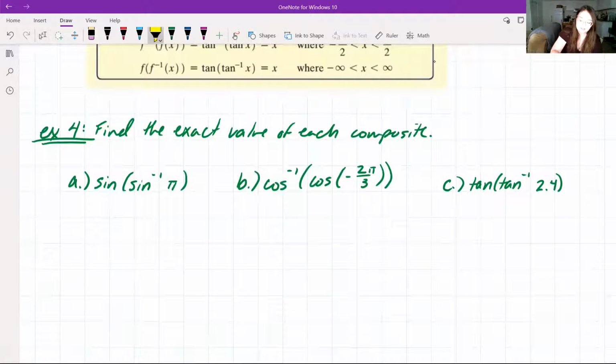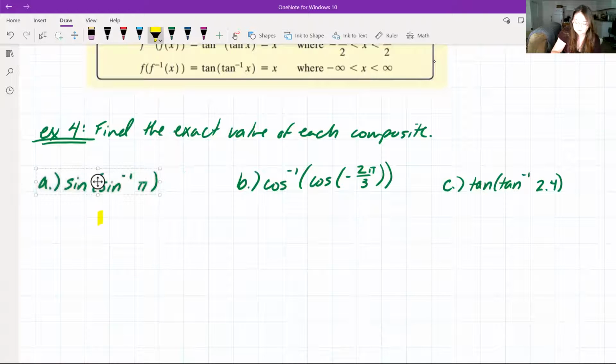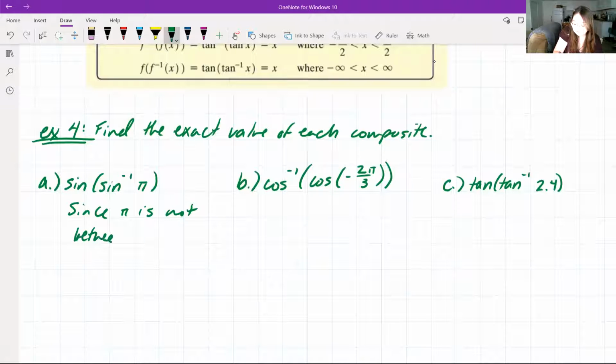So this tells us that pi is not between negative 1 and 1, or it's not in the interval.